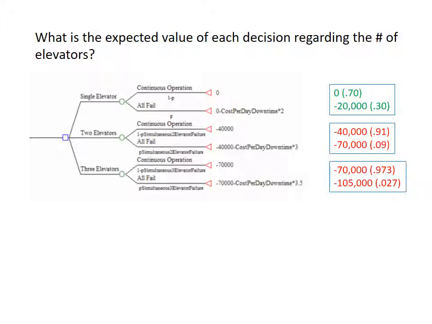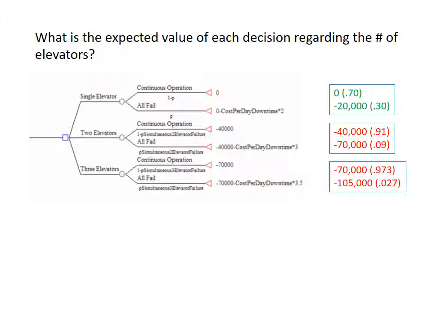Now the probabilities associated with those: it's a 70% chance that we have just continuous operation, and a 30% chance that if we have a single elevator, we experience a failure. Because we said that the probability of a single elevator going out is 30%. So if we only have a single elevator, the probability of having no elevators available is 30%.